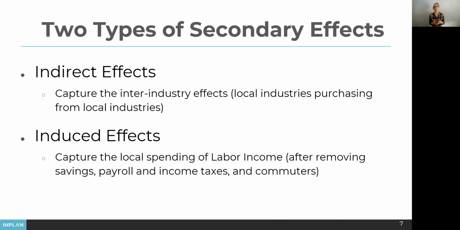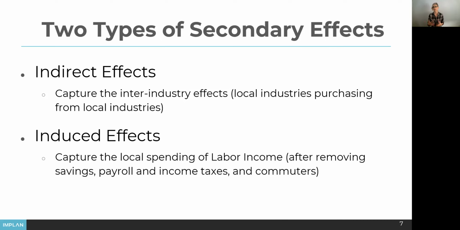Indirect effects is basically that in our example of a new car manufacturing plant, that plant is going to need to buy inputs. Those can be physical inputs like tires and windshields and paint and water and whatever else it takes to assemble a car. And some of those may be available from other local industries.